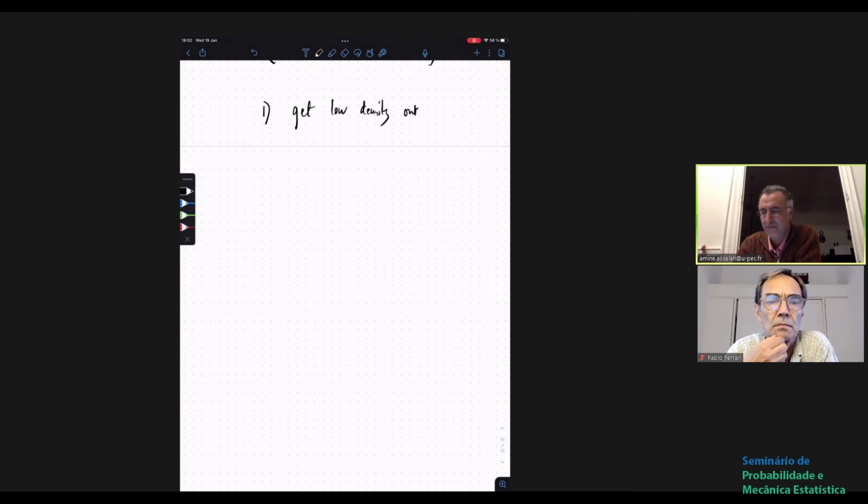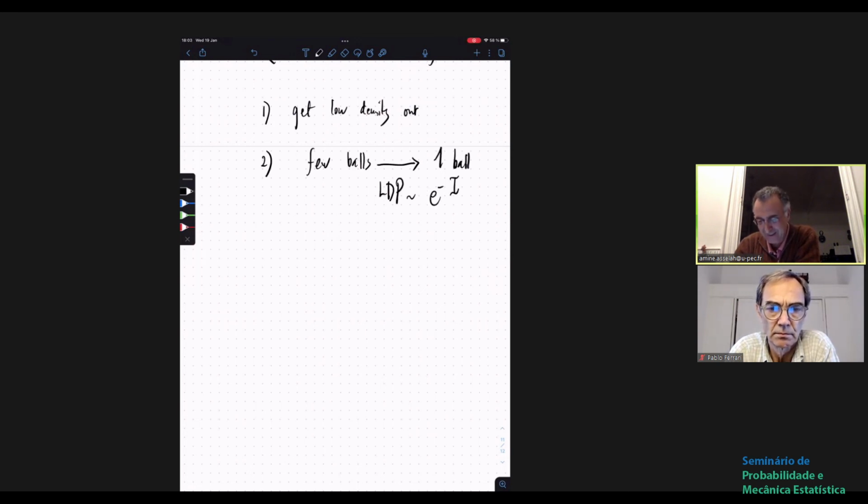And this was a lot of scenarios that you can treat right away with our method. But then you reach a place where you have a few balls, and you have to go from a few balls to one ball where everything happens. And this place requires the large deviation principle with the exact constant here, to know that it's concave.